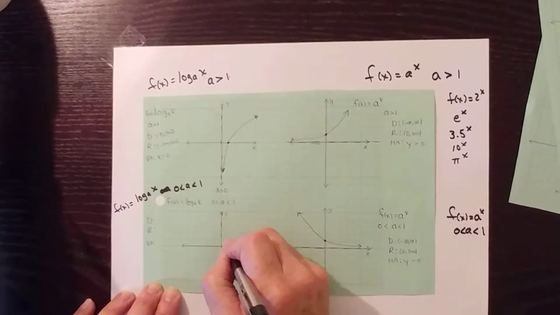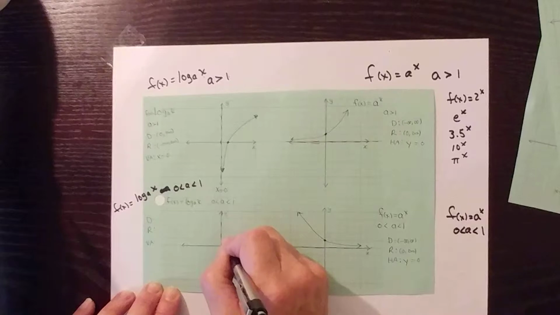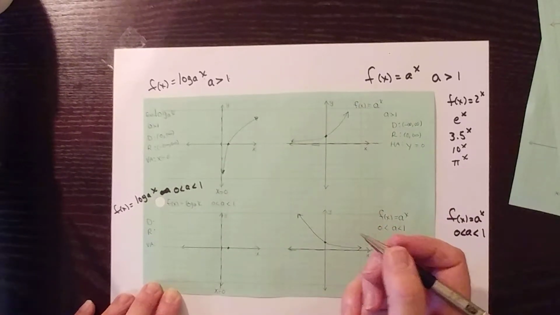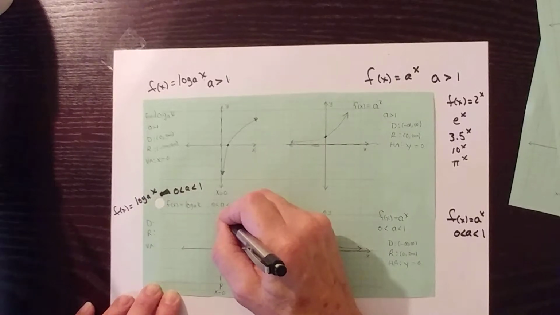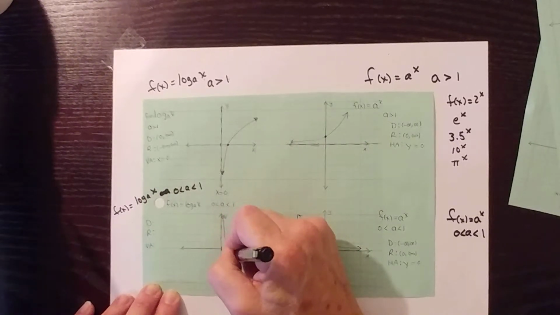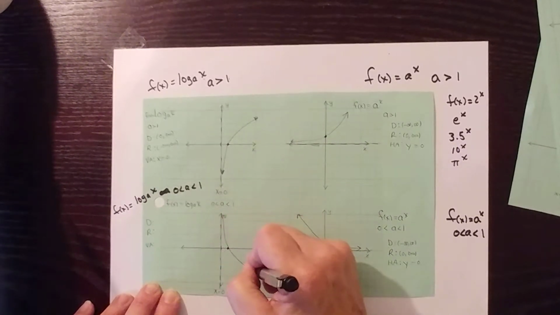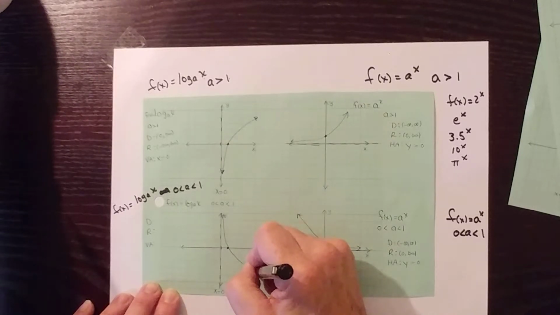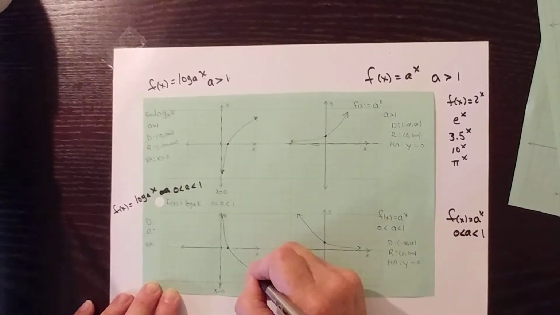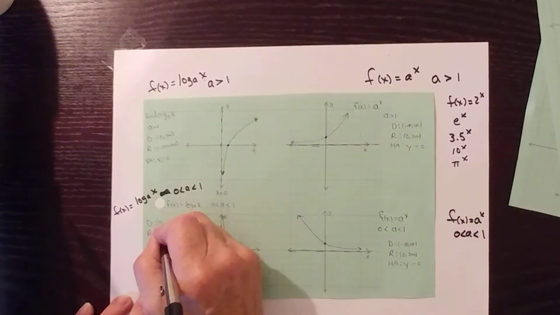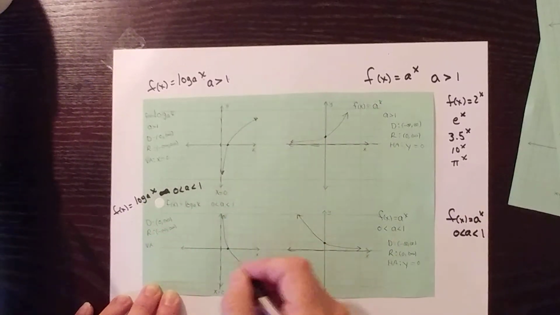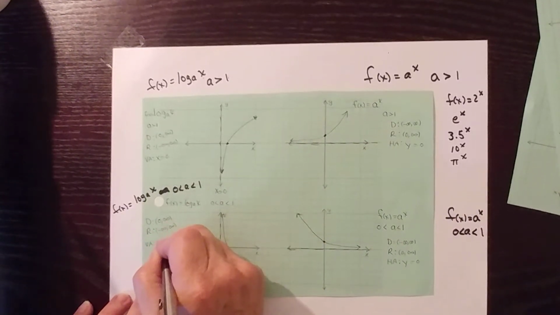It still has this x-intercept here at (1, 0), but this time it hugs the y-axis up here, and then it starts looking like that. All right. And so this is not a very pretty graph, but that is what it looks like. Okay, so the domain is still 0 to infinity. The range is negative infinity to positive infinity, and the vertical asymptote is x equals 0.